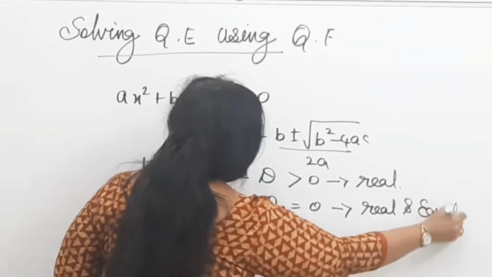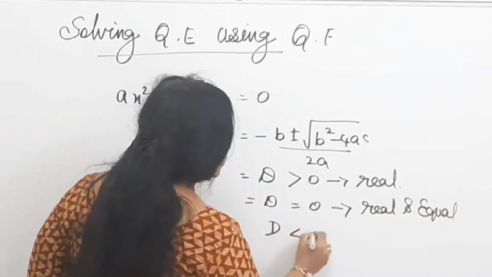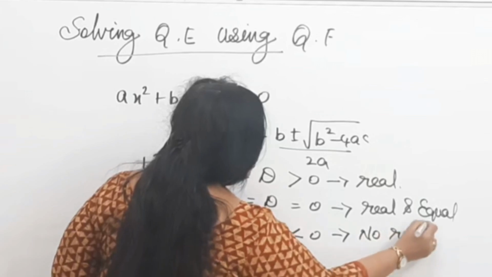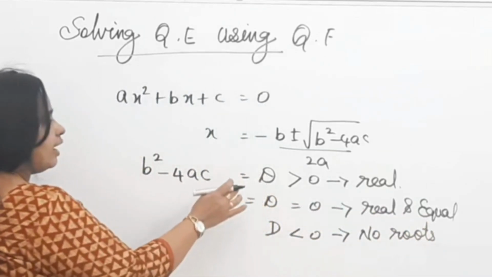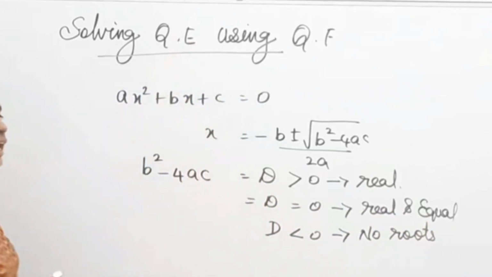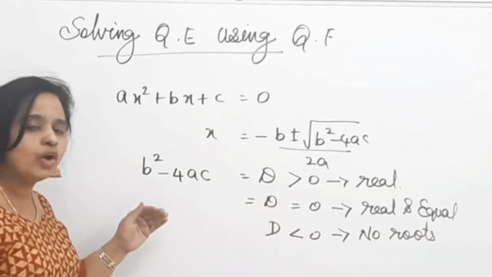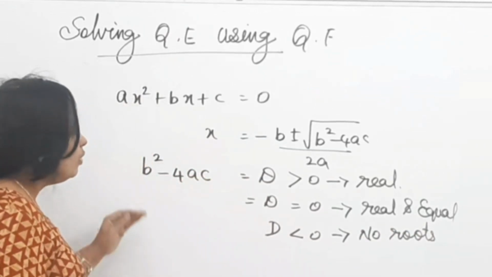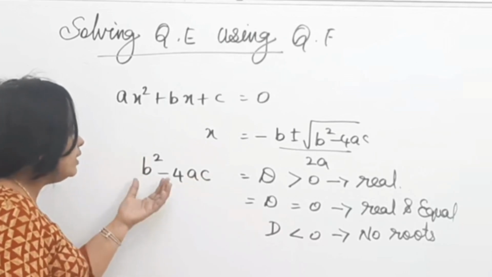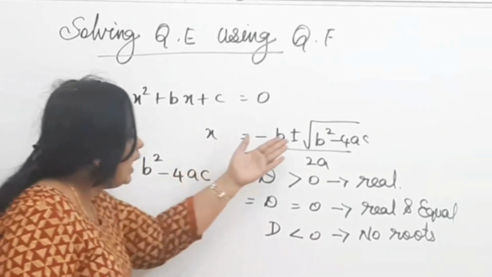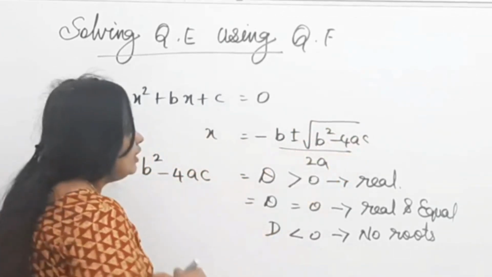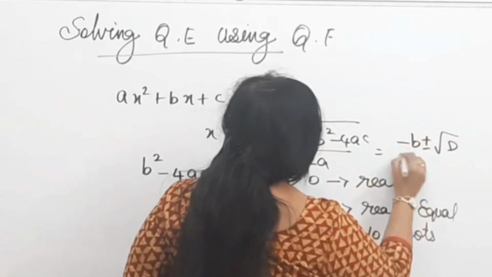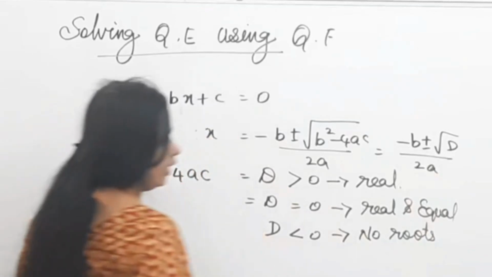And if d is less than 0, then no real roots exist. So this decides whether the quadratic equation has roots or not. That's why we call this the discriminant. So we write this discriminant as b square minus 4ac, and in place of here, we write this equation as minus b plus or minus root d divided by 2a.